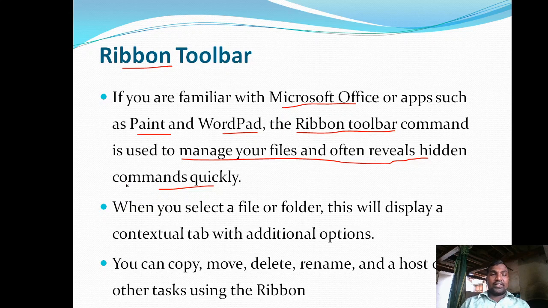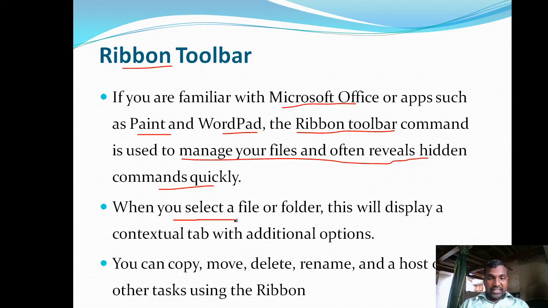It is going to display several options, commands that are useful to manage your files and folders etc. So all those commands are displayed under the ribbon toolbar. Some of them are not directly visible. They are in hidden mode. So those commands also are displayed in the ribbon toolbar.